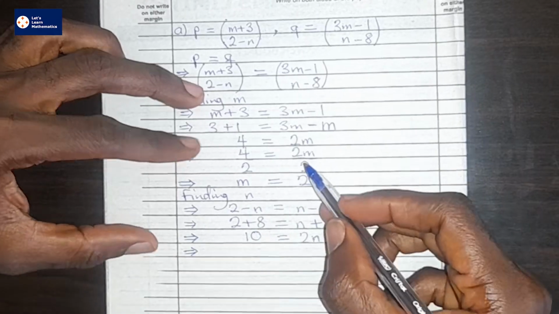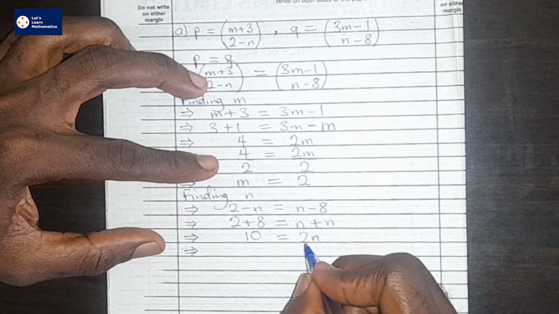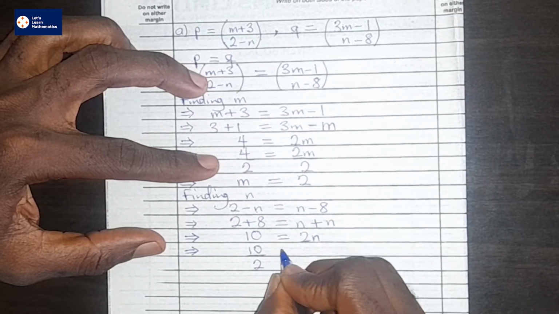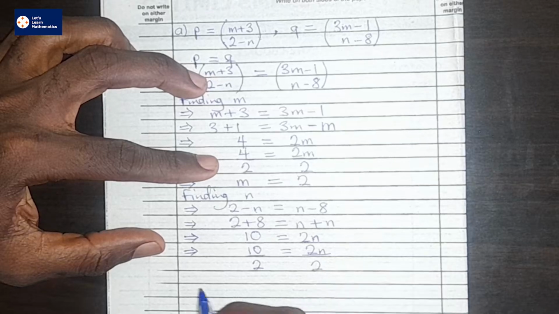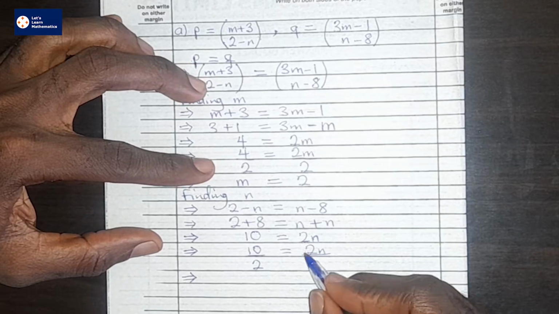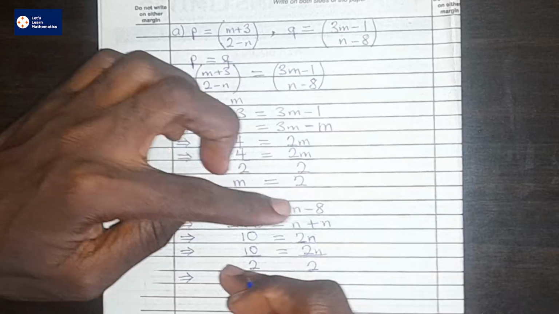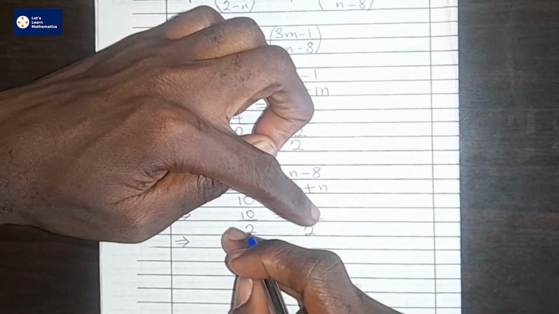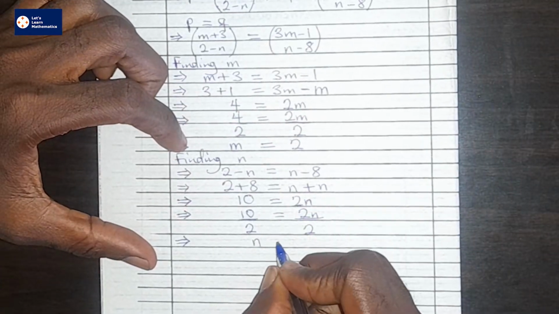The same thing that we did here, we have to divide both sides by the coefficient, which is 2. So I have 10 divided by 2 equals 2n also divided by 2. And that implies when this 2 cancels out, it will be left with n. So I can just switch, it's like just turning the equation so that the n will come to the side.